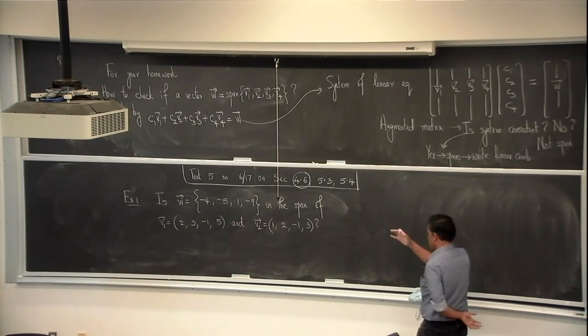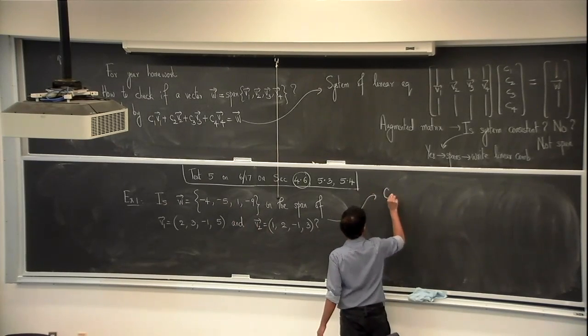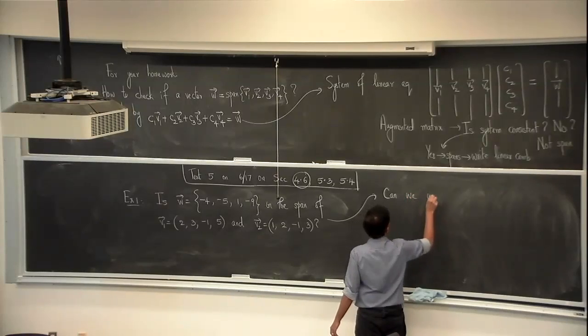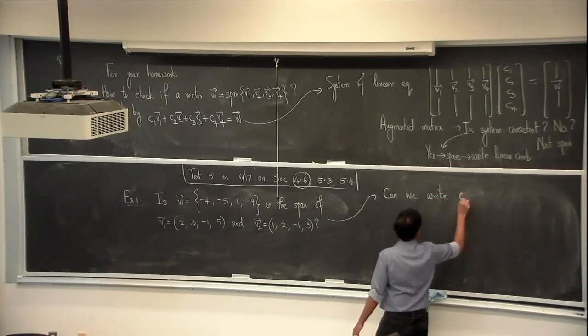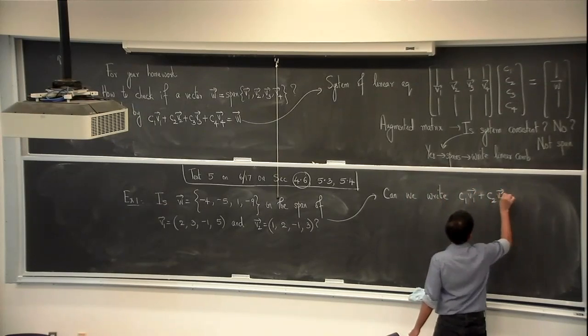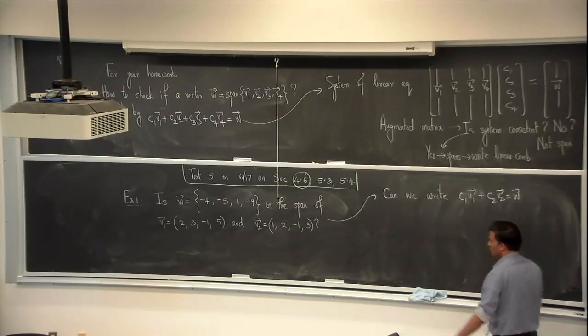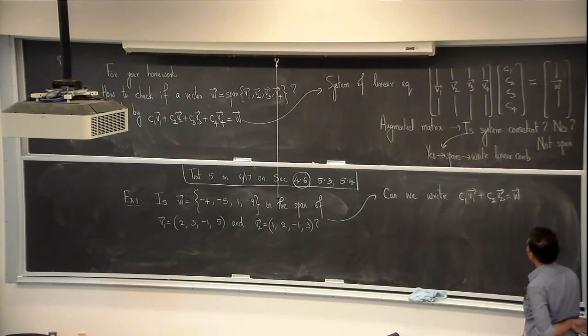Once again, the question written in more layman's terms is, can you write C1 V1 plus C2 V2 equal to W for some C1 and C2? Only 2 vectors here, so that's all you need to do.